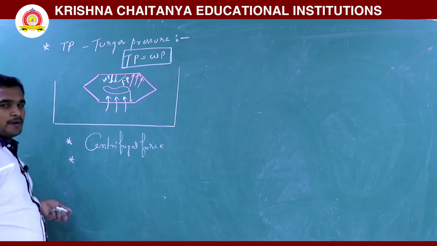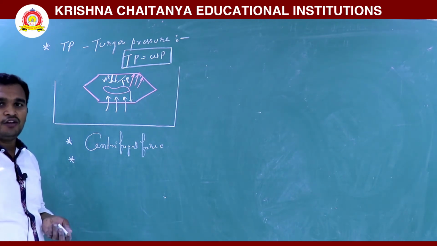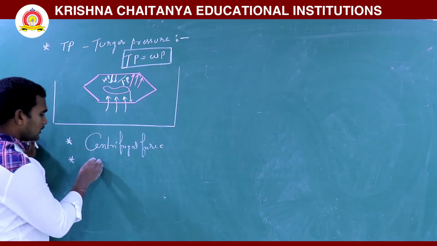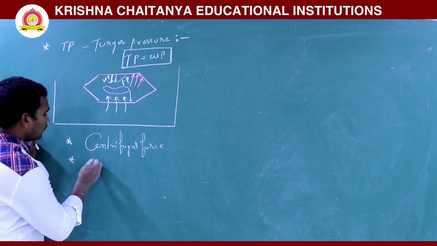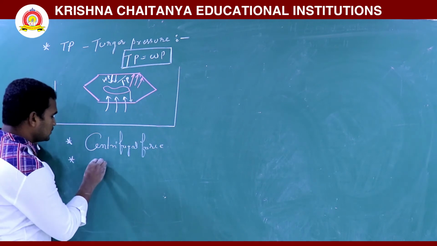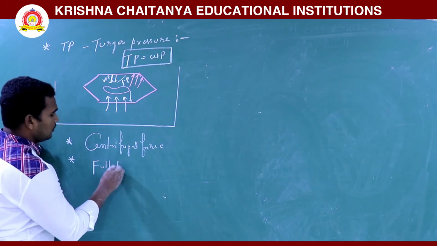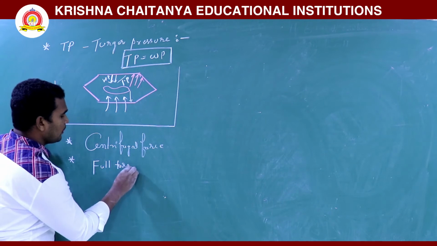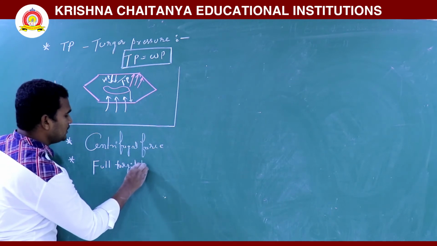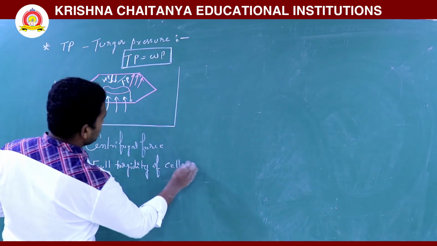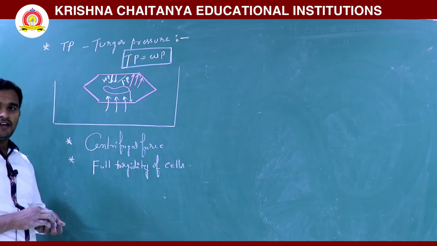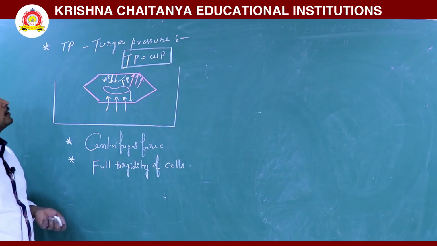So how do we measure the Turgor pressure value? We measure it when the cell has full turgidity. At that time only we measure that value.